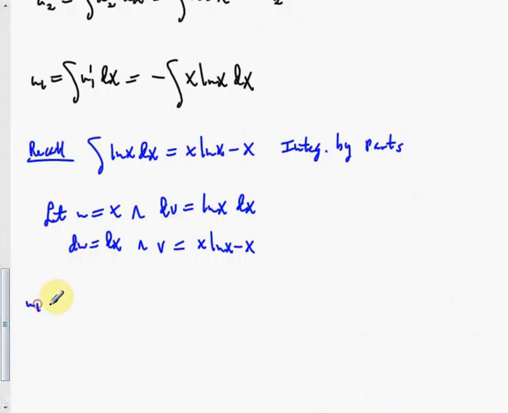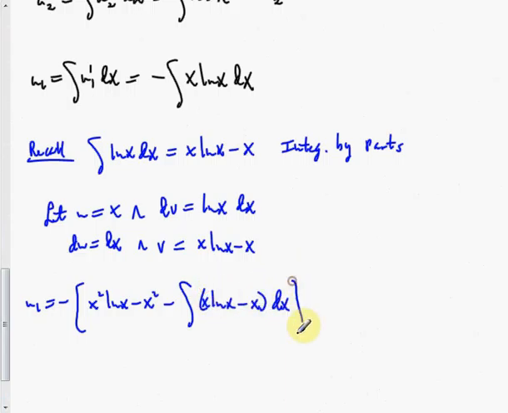So u sub 1 is equal to negative, this is going to be u times v, so x squared natural log of x minus x squared, minus the integral of v du, so minus x natural log of x minus x dx.